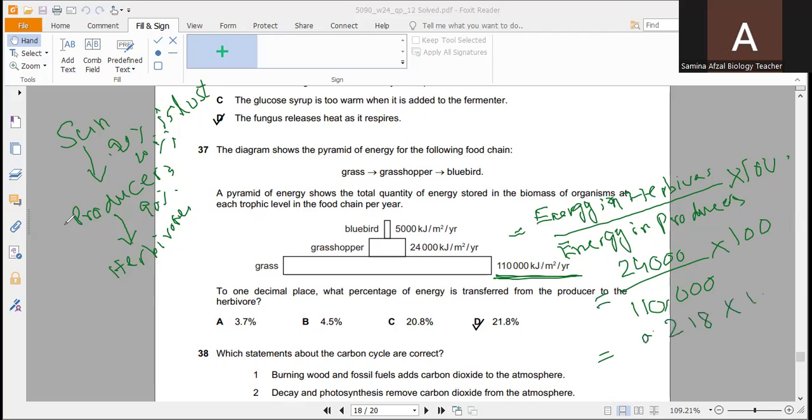We will multiply it by 100. Then it will be equal to 21.8. So according to this calculation, D is the correct option. C, B, and A are not the correct options. Only D is the correct option.